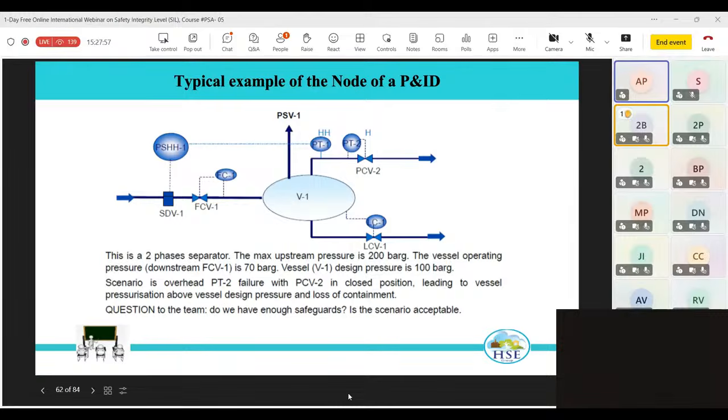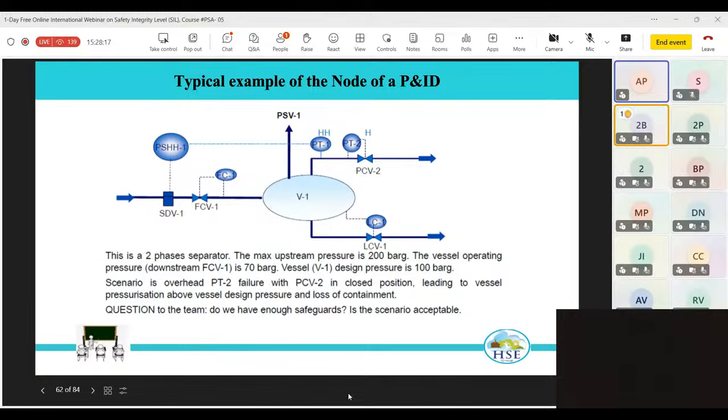But as you can see, level raising is a very slow process. Level is a relatively slow parameter, while pressure is an extraordinarily fast parameter. That means the response time to pressure increase is very quick.